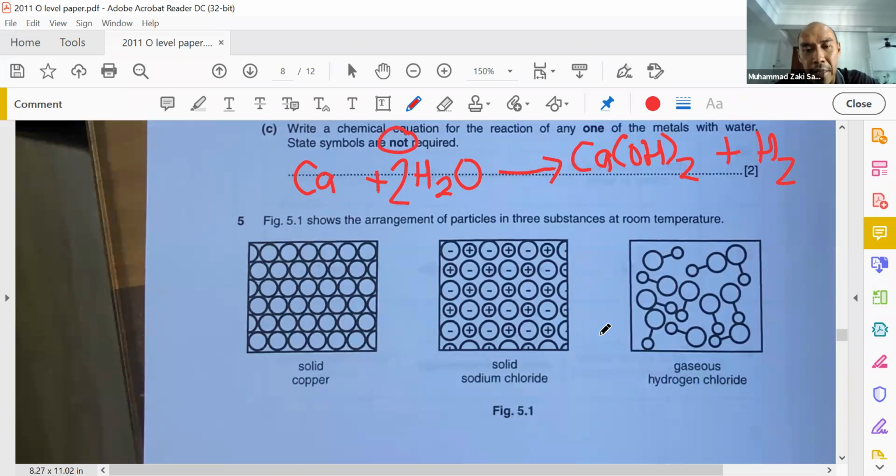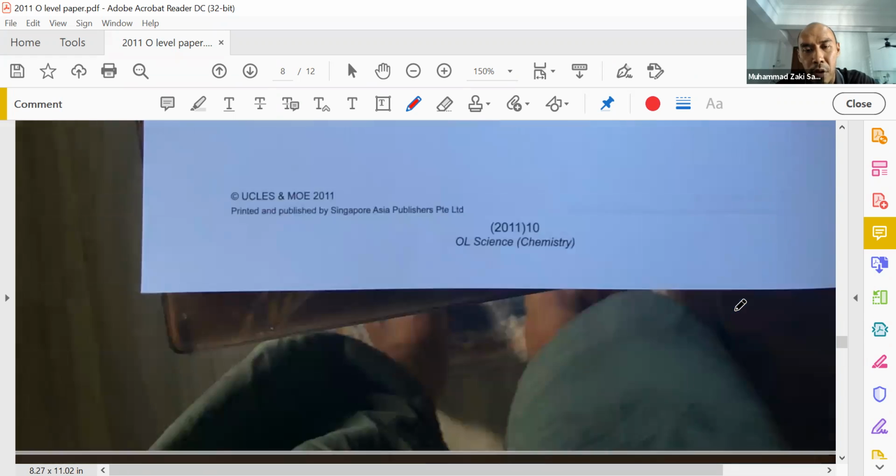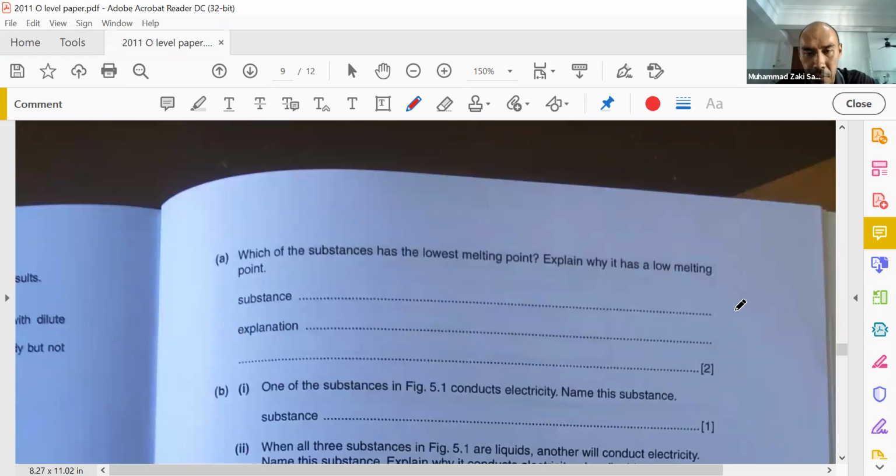Next, substances at room temperature: copper, sodium chloride, hydrogen chloride. Metal, ionic compound, covalent compound. So which one has the lowest melting point and why?